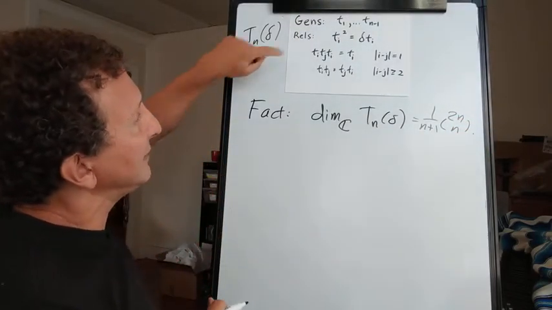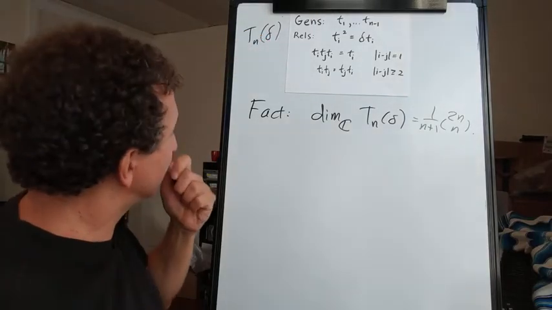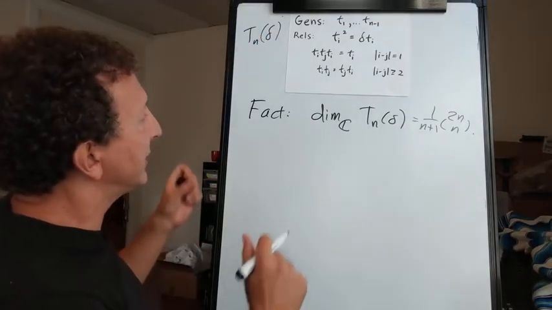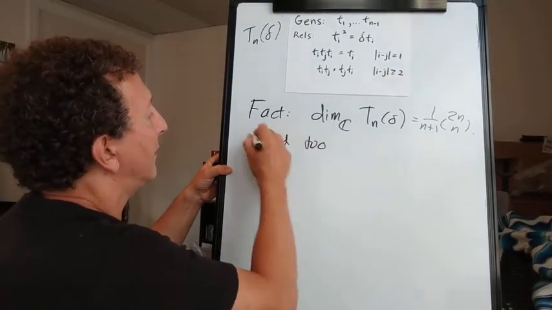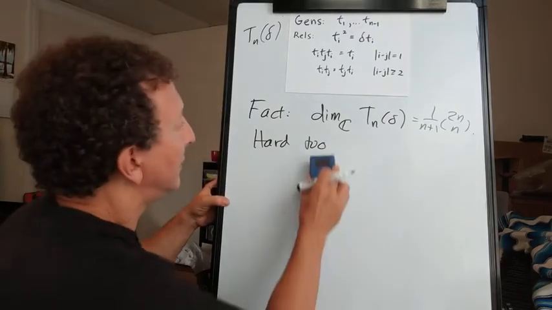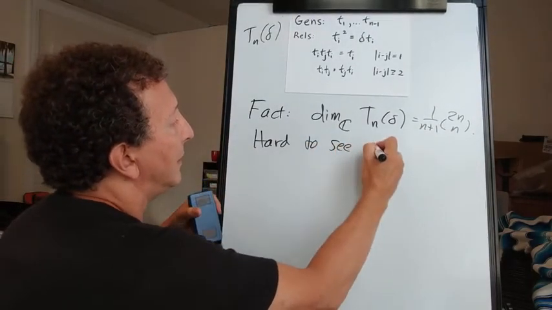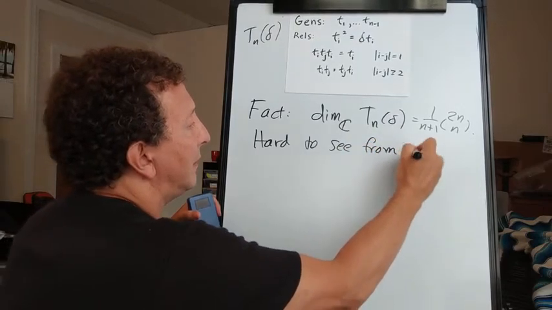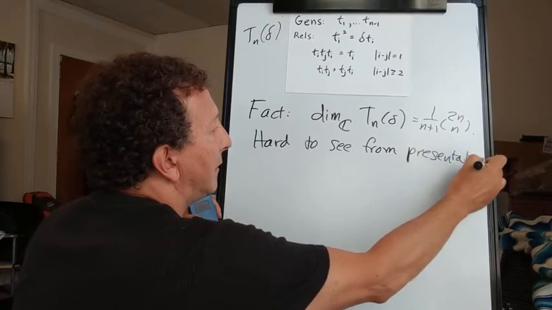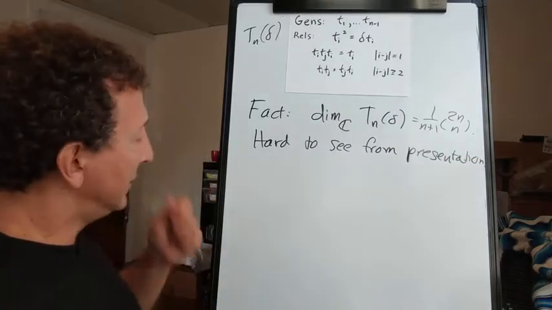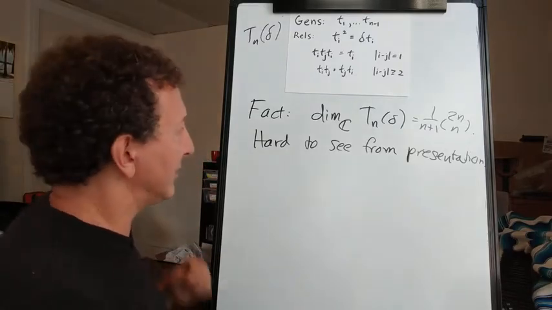Now that's not too easy to see from this set of generators and relations. Using the pictures, it's a little bit easier to see.